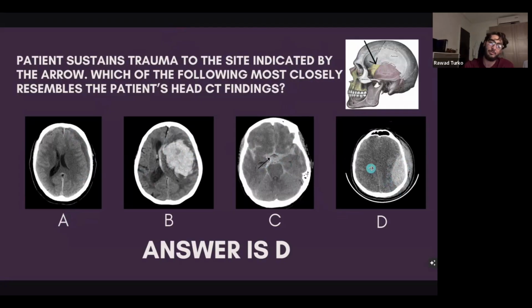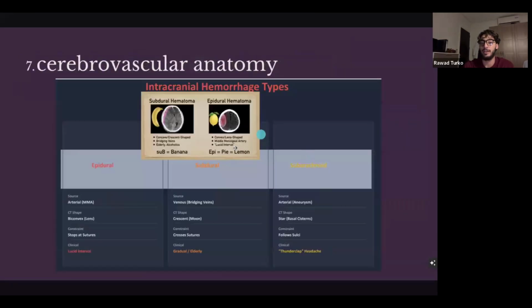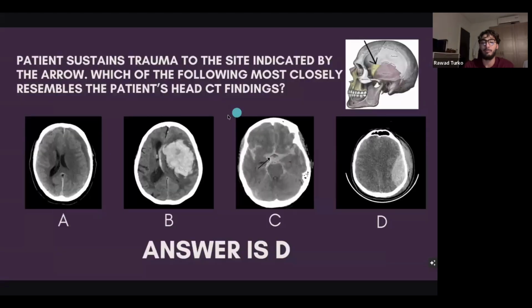Take a minute and try to think about what the other findings would be. First of all, we know that this is an epidural hematoma because of the pie shape. But this is a subdural hematoma because of the bridging veins. This is an intraparenchymal hemorrhage, and this is a subarachnoid hemorrhage.